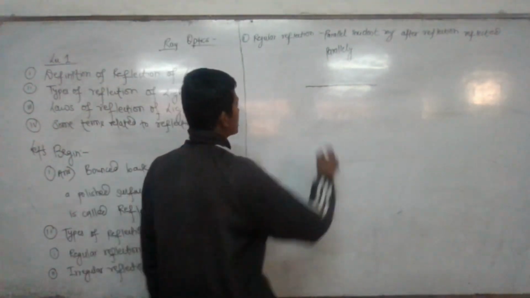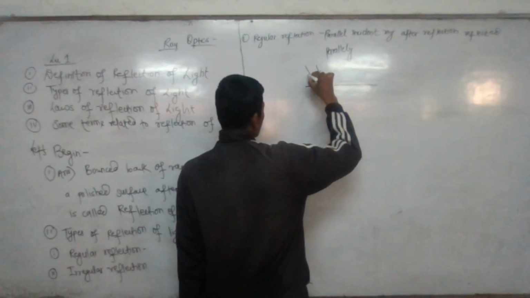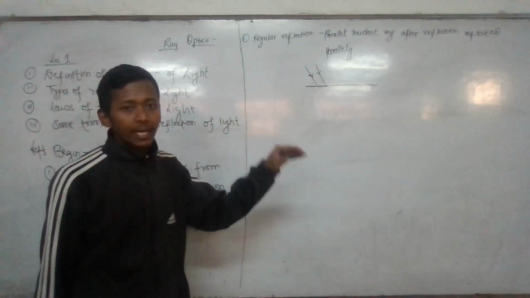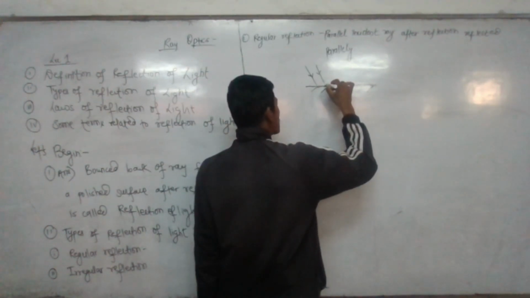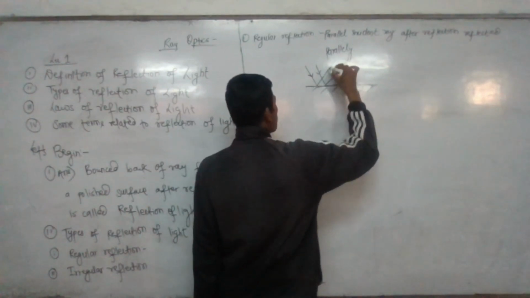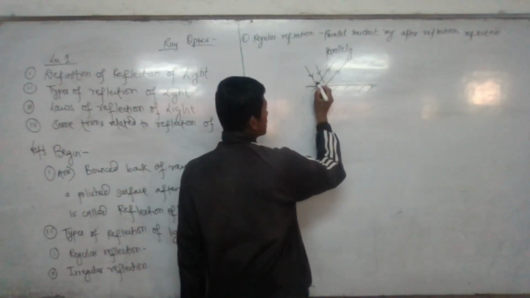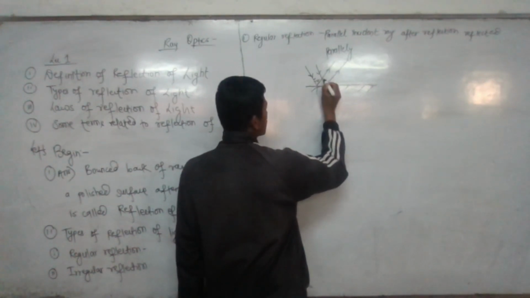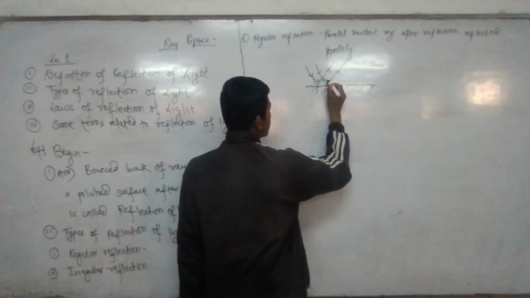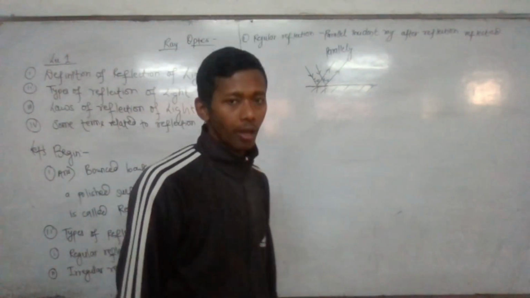When the parallel incident ray enters the reflecting surface, it is reflected parallelly. It means the angle of incidence is equal to the angle of reflection. Okay. This is the definition of regular reflection of light.